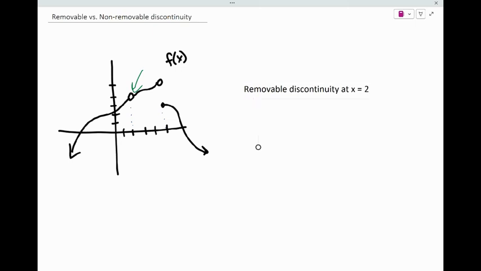Okay. But if you notice what's going on here at x equals 5, the limit as x approaches 5 of f of x doesn't exist, right?